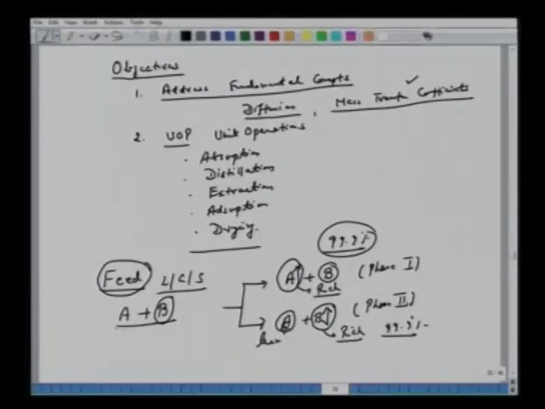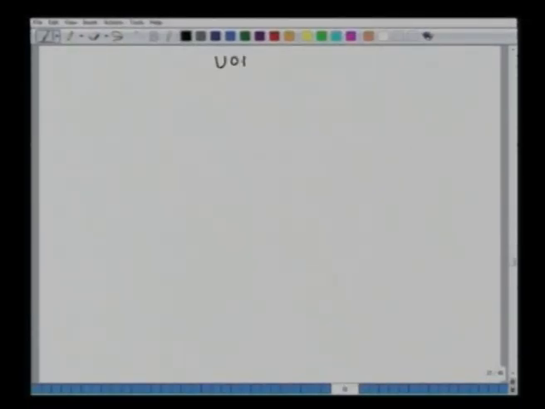Going from the left, a phase, liquid or gas or solid, containing A plus B, and two different streams in which A is larger in one and B is larger in the other. We accomplish it through UOP, unit operations.